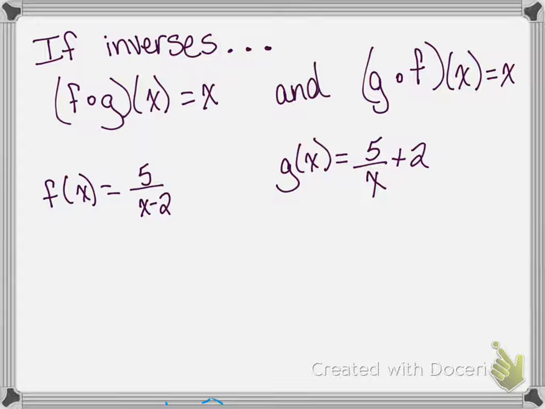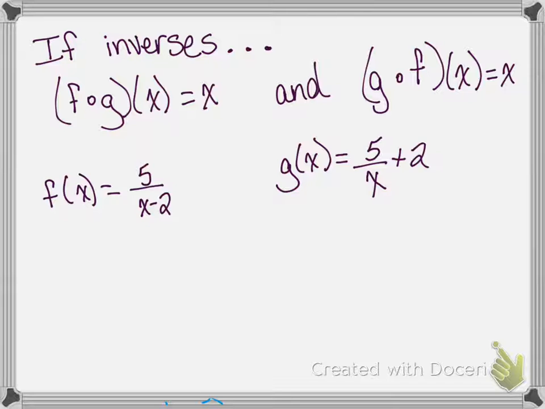And what that means is f composed of g of x and g composed of f of x. If two functions are inverses, when I do their composition, and it doesn't matter if I do f composed of g or if I do g composed of f, when I simplify everything out, I'm going to get x if they are inverse functions.